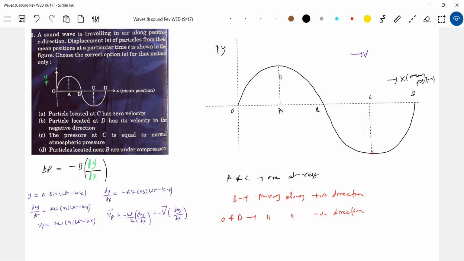When a sound wave propagates, the strain energy, better called strain energy rather than potential energy, and the kinetic energy both will be maximum at mean and both will be zero at extreme. Then only the transfer of energy can occur, though it's SHM.